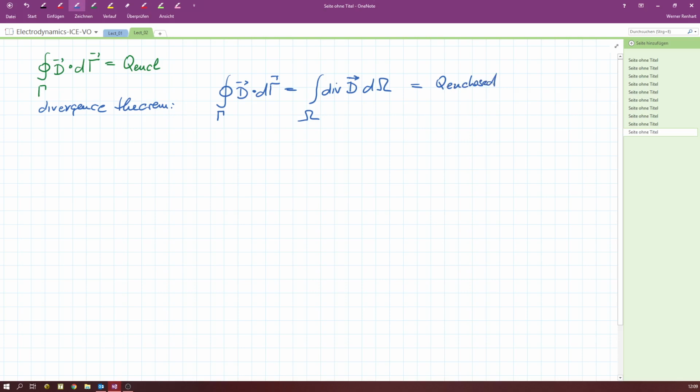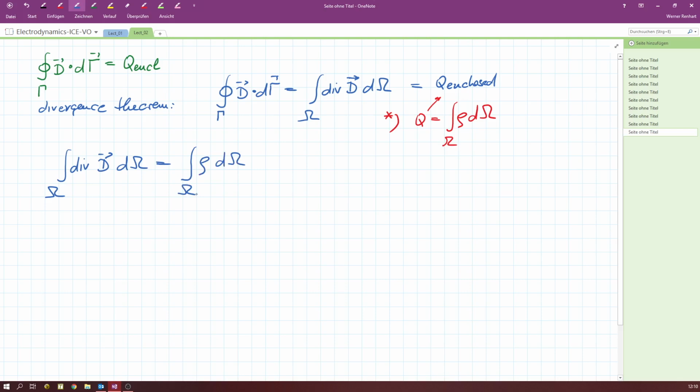And now we can remember that we had a relation with a star previously, which meant that Q was the sum of rho d omega in a general form. This can be substituted in this Q enclosed, and we have the divergence of the vector D d omega over omega equals Q enclosed, and this may be expressed by the volumic charge density rho d omega over omega.